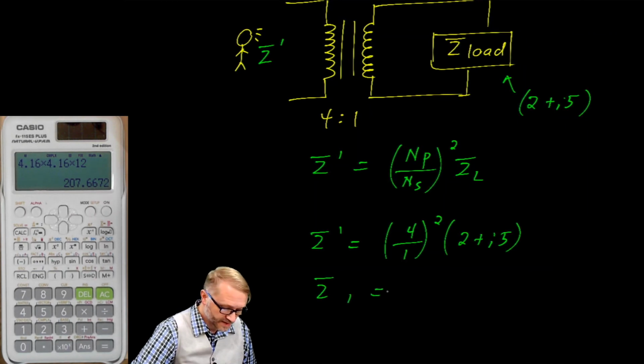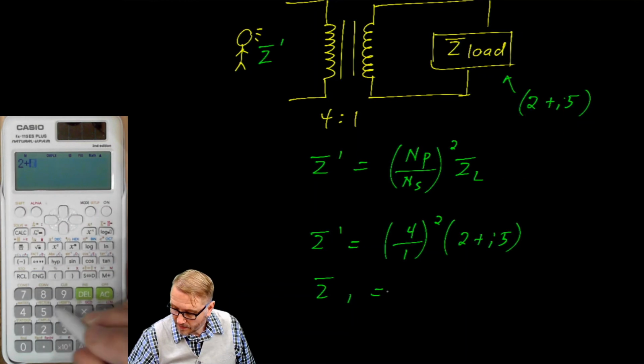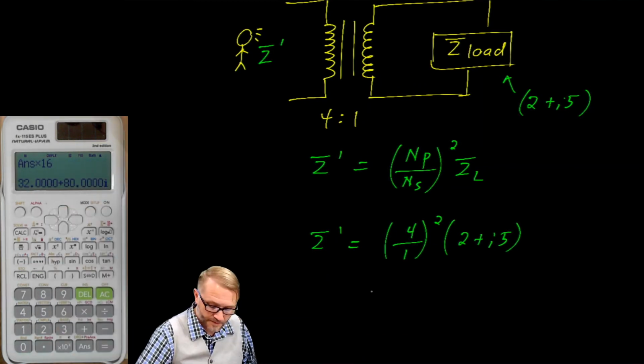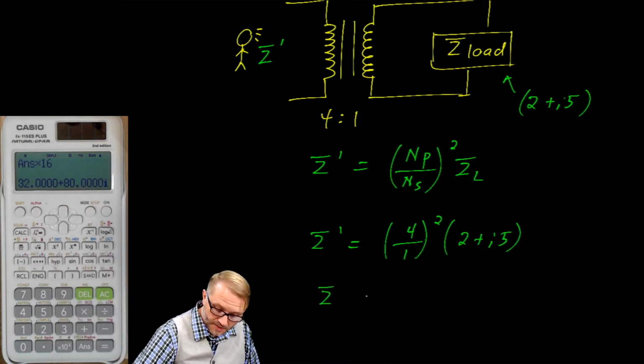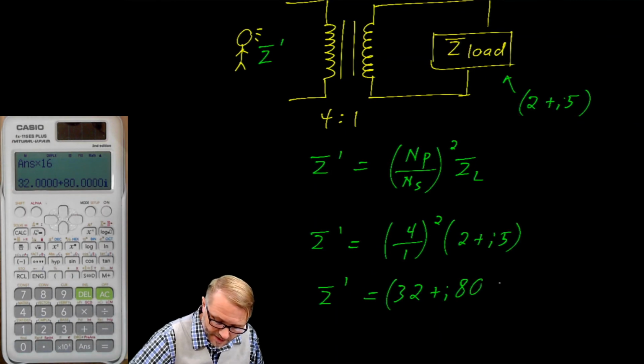So the impedance looking in would be 2 plus j5 by 16. So looking into the circuit, we don't see 2 plus j5. Instead, we see 32 plus j80 ohms.